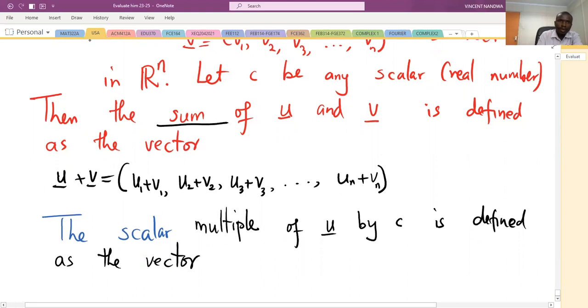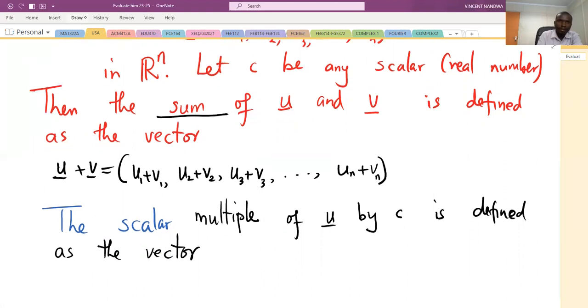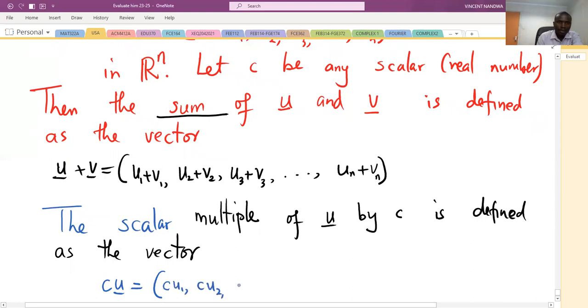So C times U is given by, you take this C, you multiply by every component of U. So we have CU1, CU2, CU3, up to CUn.